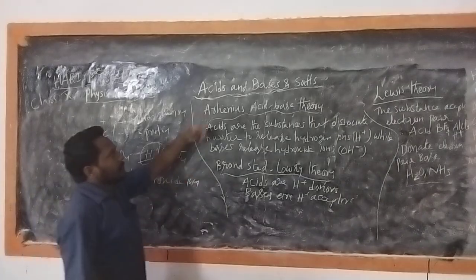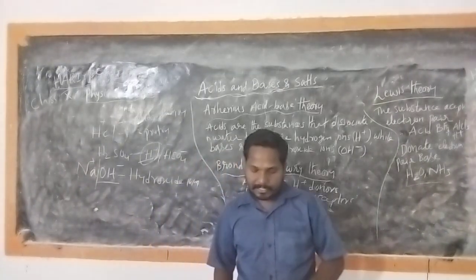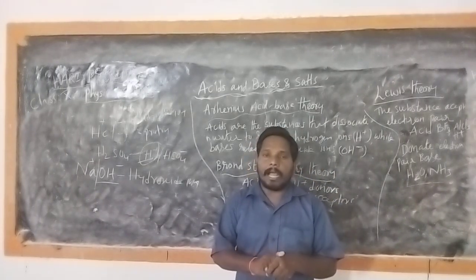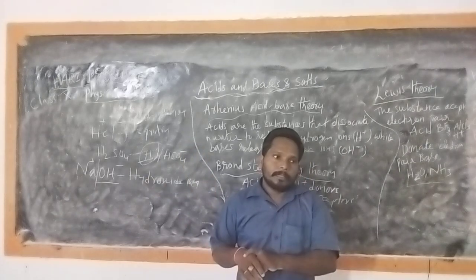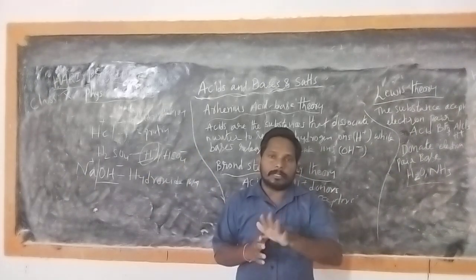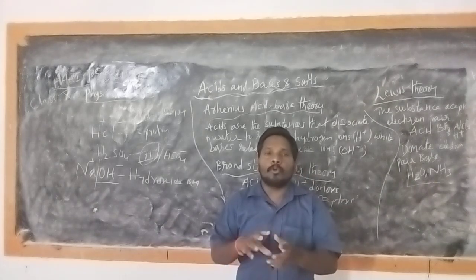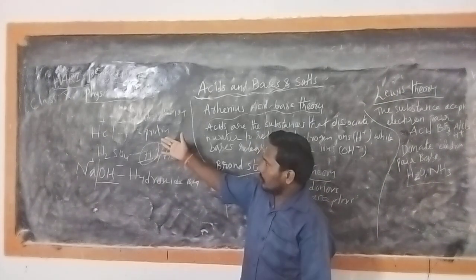So according to the Arrhenius acid-base theory, substances which dissolve in water and release H plus ions are acids, and substances which dissolve in water, dissociate and give OH minus ions are called bases.